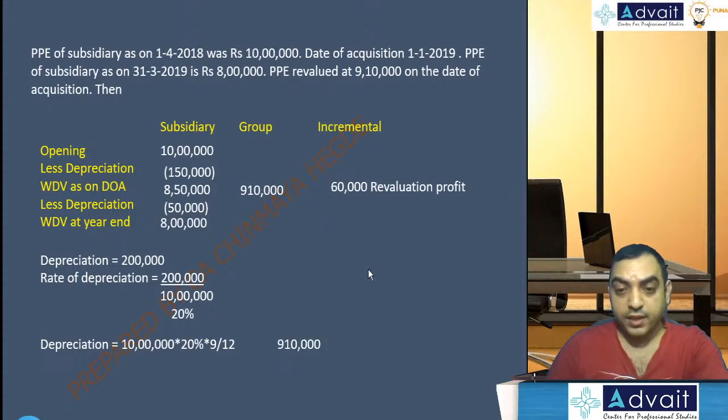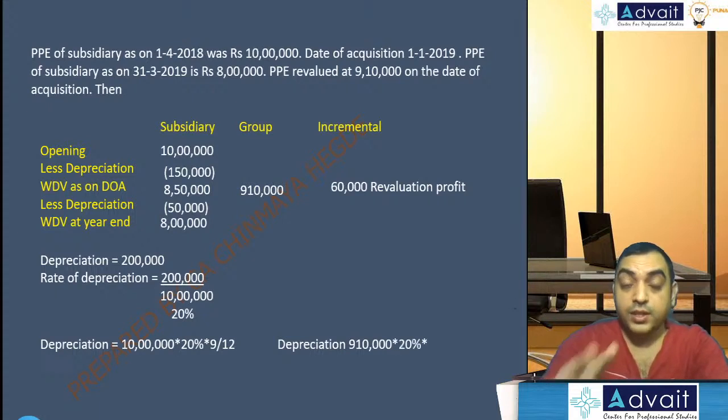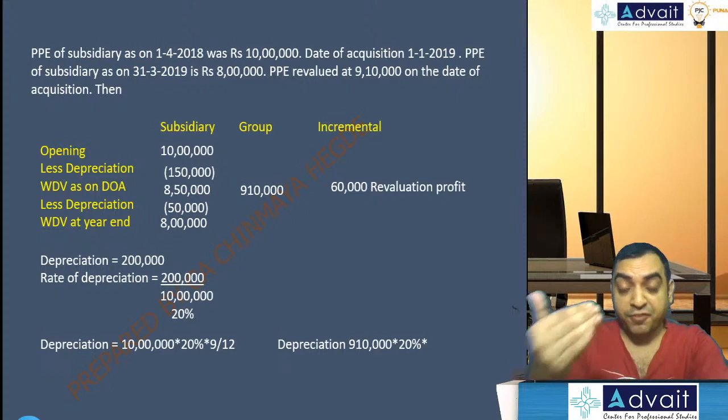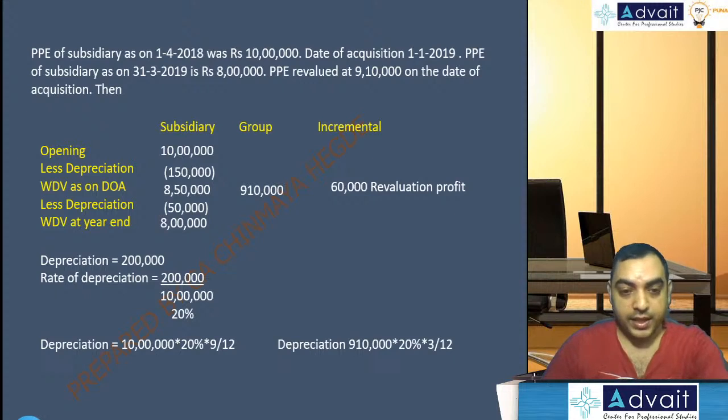How is it going to be there? 9,10,000 into 20% into the next period from the date of acquisition till the year end, which is 3 months, and that comes to I think 45,500. Yeah, 45,500.